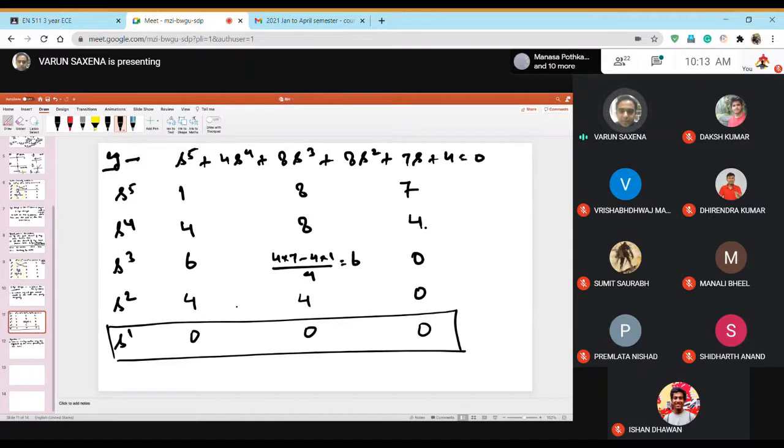In this case, we will form the auxiliary equation using this row because it precedes the row with all zeros. That is point number 1.